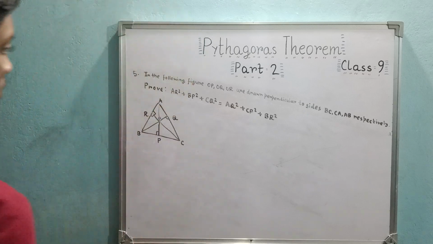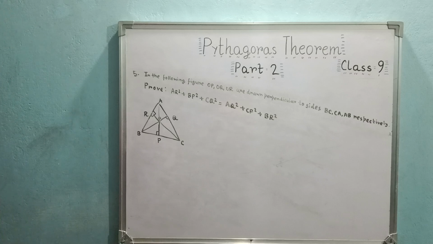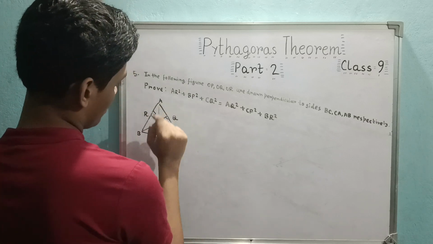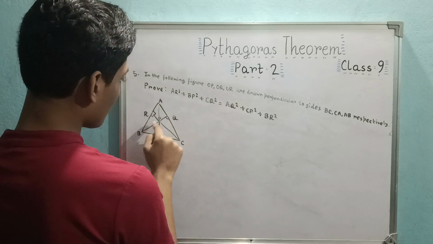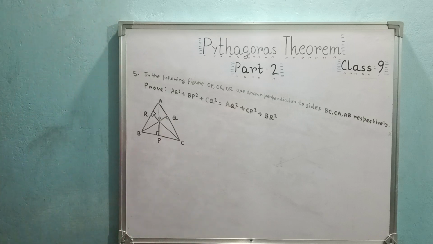Then you have 6 right angle triangles. Observe properly: ARO, AOQ, then ROB, BOP, POC, and OCQ.